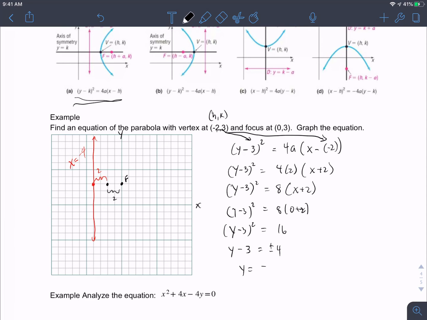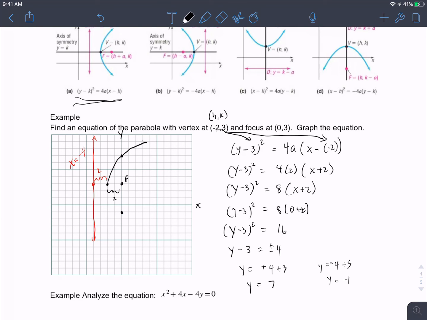So y is equal to 4 plus 3, or y is equal to negative 4 plus 3. So y is either going to be 7 or negative 1 along the y-axis. So it'll be 7 or negative 1.